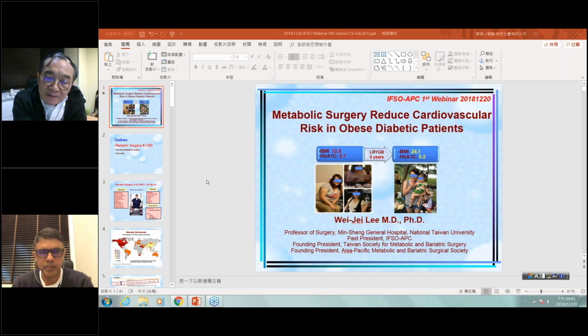For example, usually the patient before surgery probably has a 160 systolic pressure. Then after surgery, they may decrease to 140 something. And we think it's enough, so we stop giving medication. But I think this is not enough. For these patients, we still need to control the blood pressure under 120. So we need to give some medication for the blood pressure control.